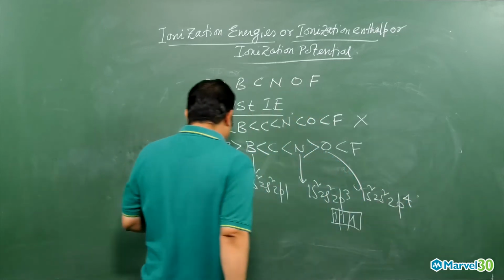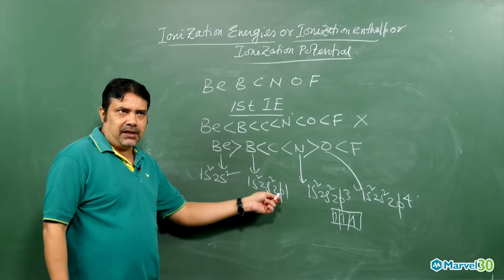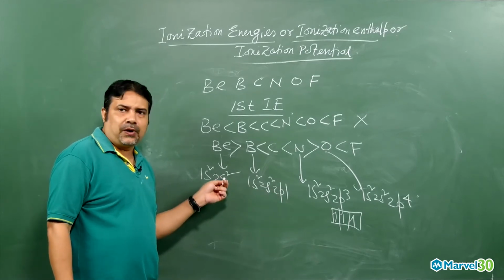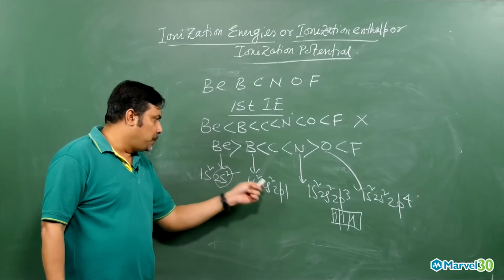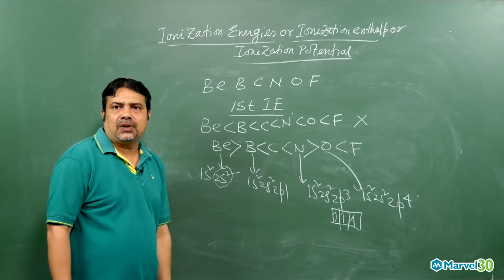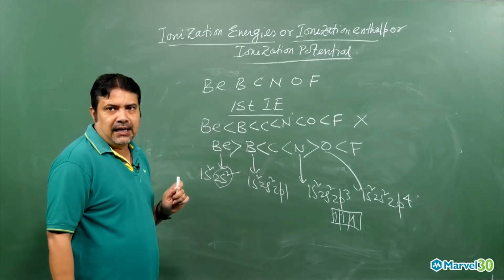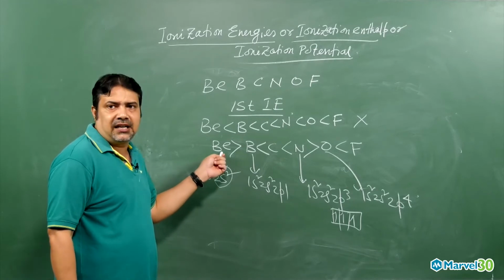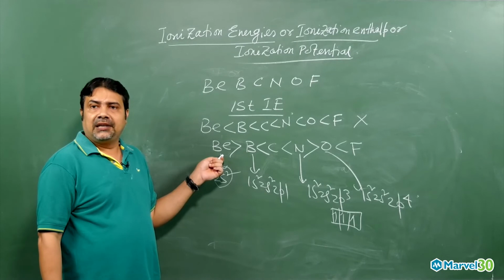Now, in beryllium you want to remove an electron from the 2s, which is a full-filled configuration, whereas in boron it is from 2p. Compared to 2p, 2s is closer to the nucleus. That is why the force of attraction on 2s is very high, and because it is fully filled, the first ionization energy of beryllium will be higher than boron. This is the exception you have to remember.